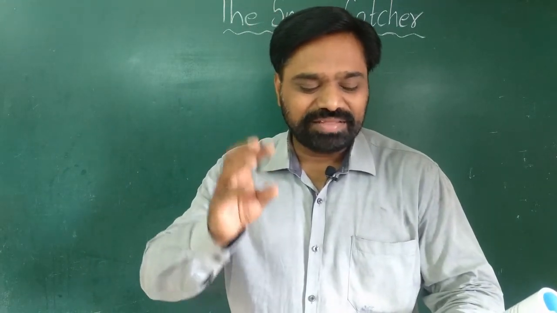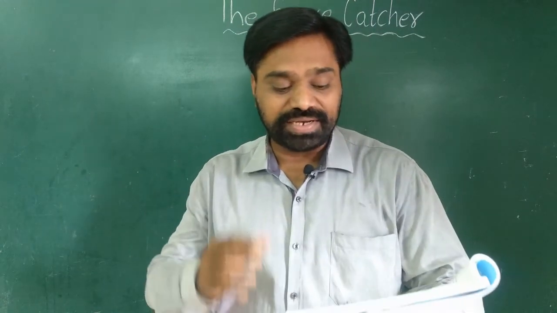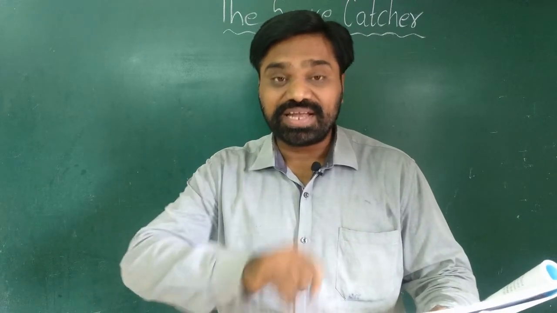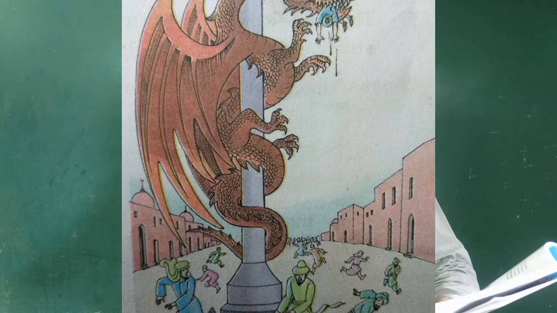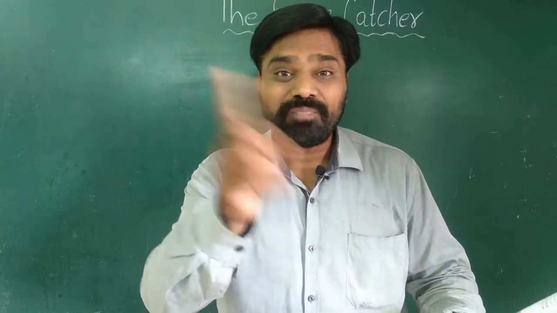So the dragon, the mighty serpent that it was, devoured whoever was in its path, and finding a pillar, entwined itself around it. There was a pillar, you can see there in the picture. Entwined means curling or twisting.